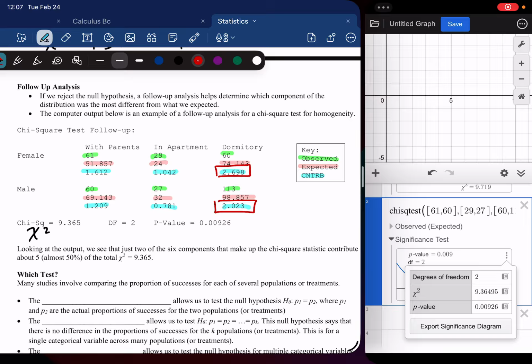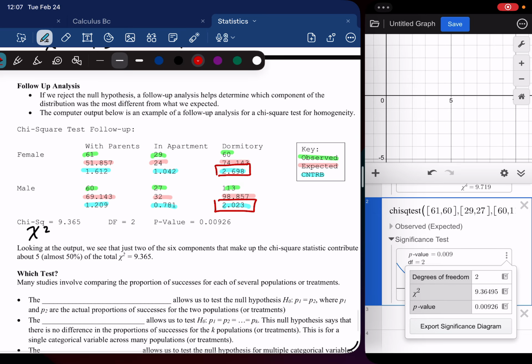Notice that our chi-squared value is 9.365. If we were to add up these contributions, just these two out of the 6 data points already make up half of our chi-squared value. What this tells us is that the proportion of females and the proportion of males living in the dorm is greater than what we expected.